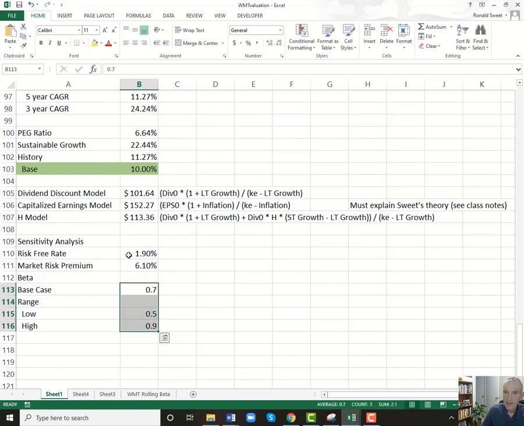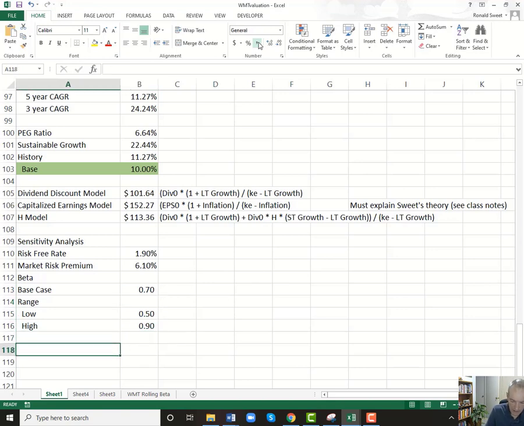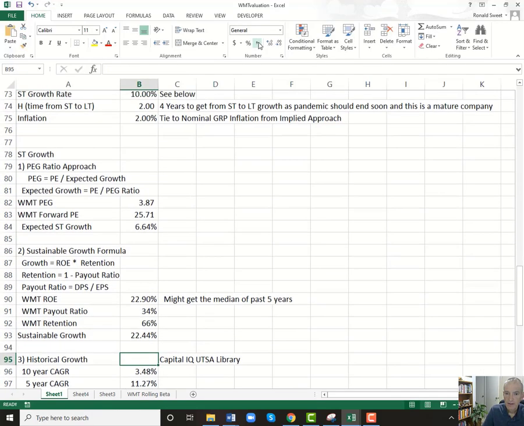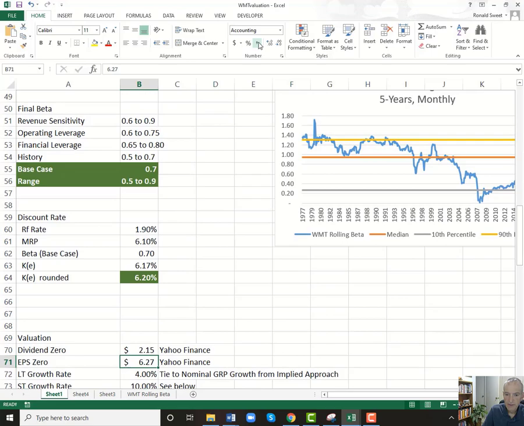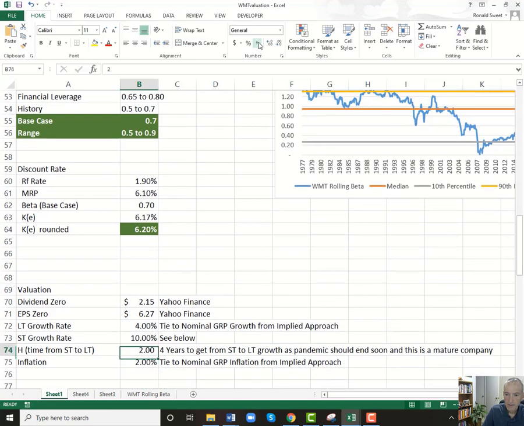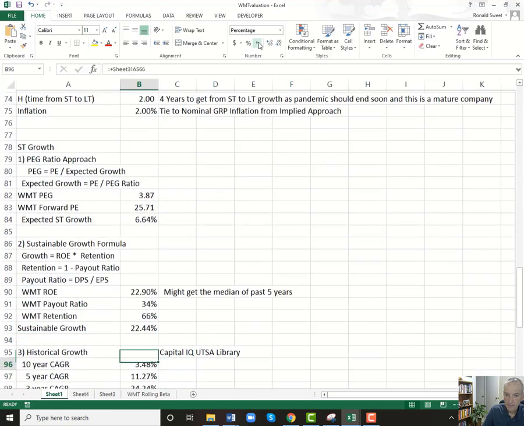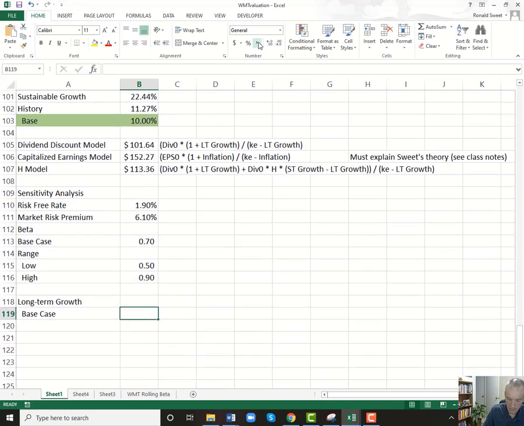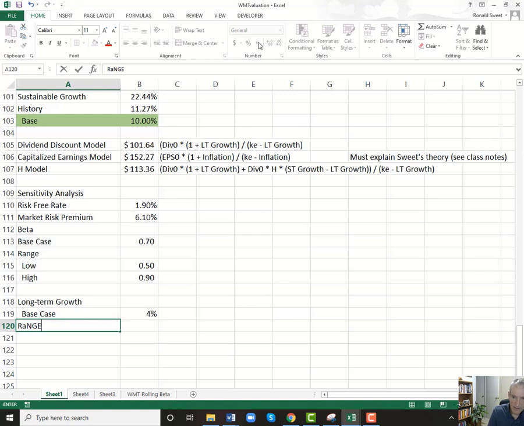So there's our beta cases. And then let's look at long-term growth. And here we have a base case. Our base case for growth was 4%. So let's think about a range on that.